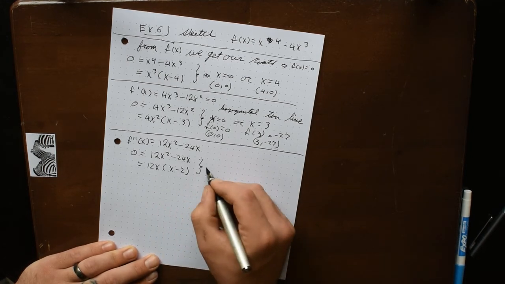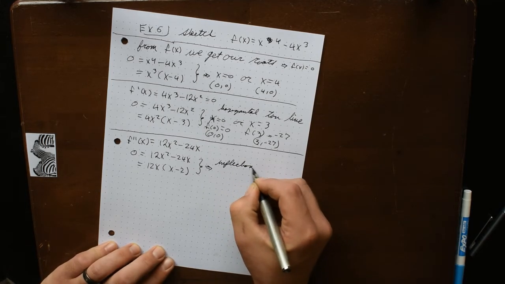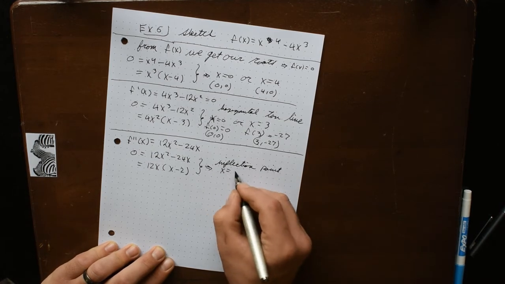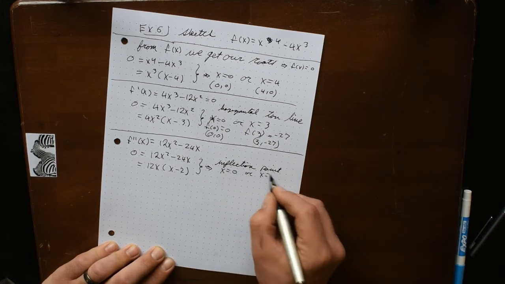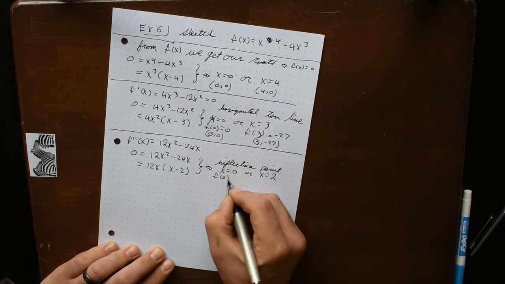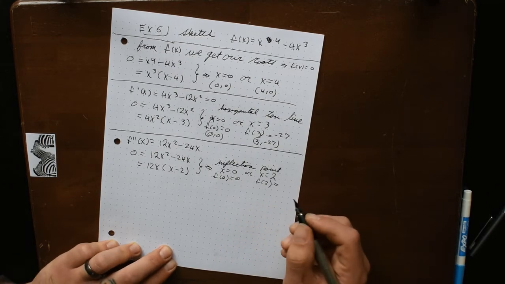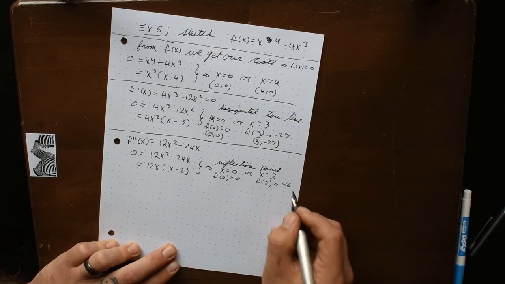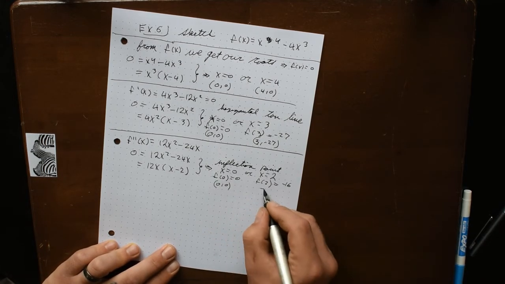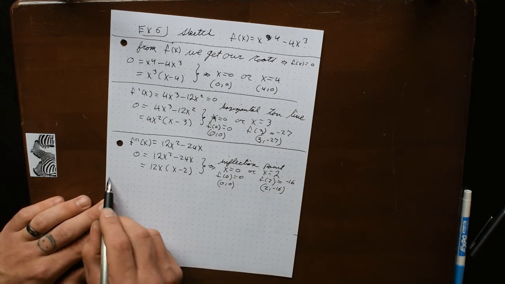That tells us we have an inflection point when x is equal to 0 or x is equal to 2. We plug these back into our original. f of 0 is equal to 0, and f of 2 is equal to negative 16. So at the point 0, 0, and at the point 2, negative 16, we have an inflection point.